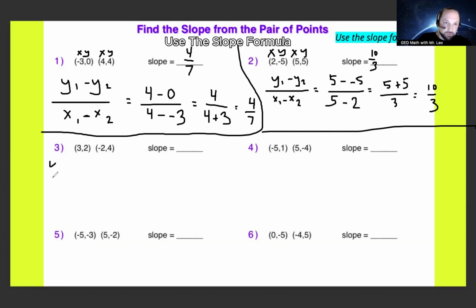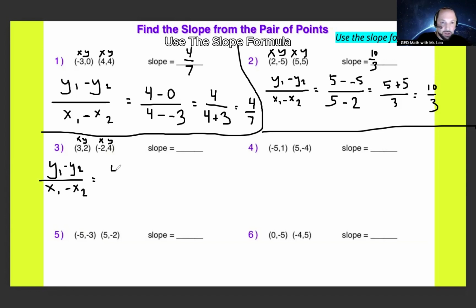Let's write the raw formula. Y1 minus Y2 over X1 minus X2. All right. Let's label these XY, XY. Feel free to pause the video if I'm going quick for you. Okay, so let's start with the y value. I'm going to start with the second one.